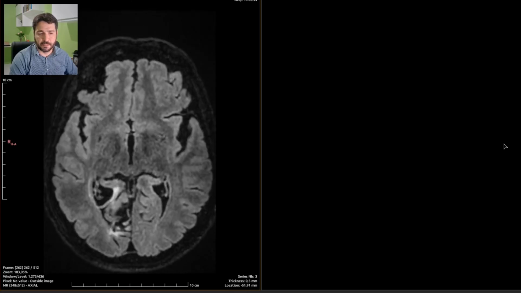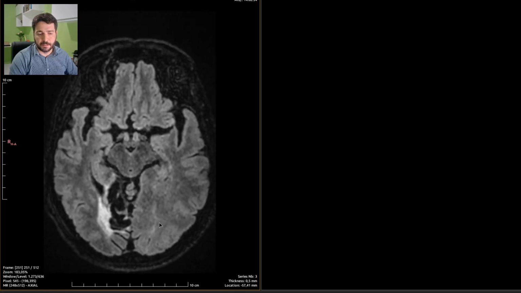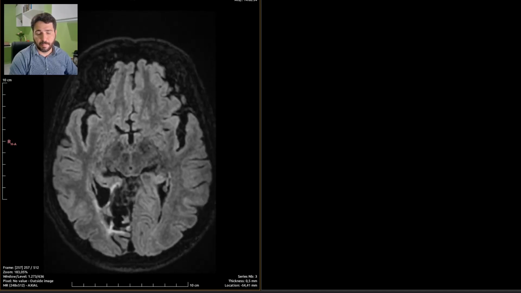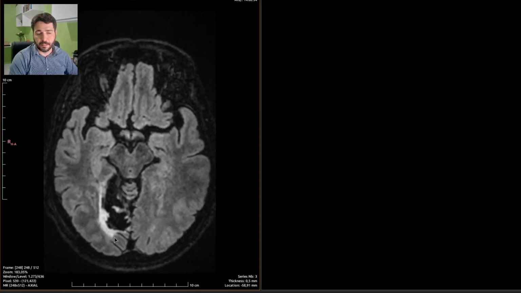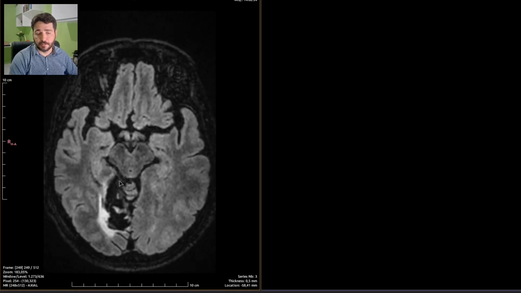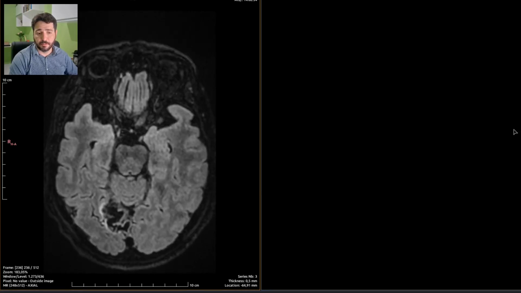so we can see bright spots of disease if they are present. So I can see this is gliosis and this is malacia. So this is dead brain tissue and scarring. This is a scar of a stroke in the right occipital lobe.